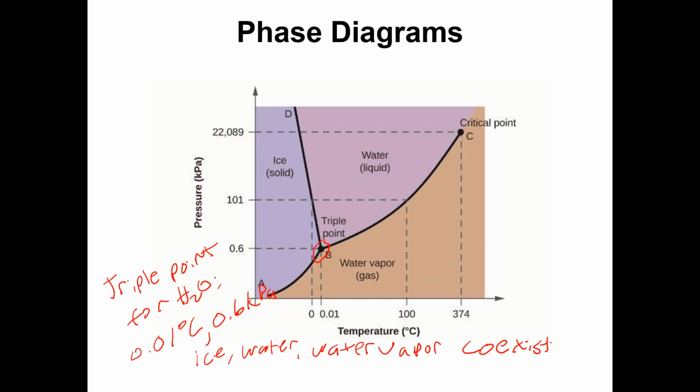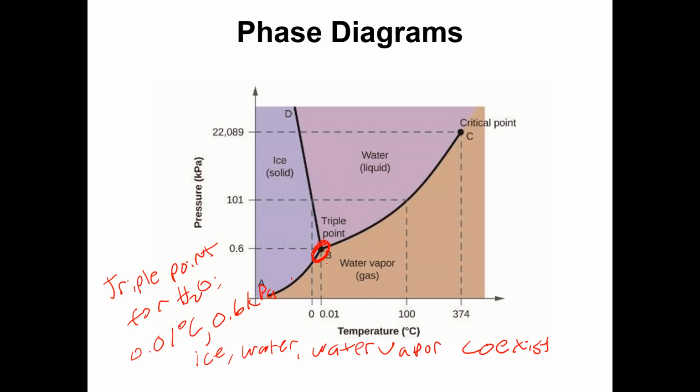And if we make just very small incremental changes to the pressure or the temperature, we could change all the water that we have at this point into a solid or into a liquid or into a gas, just by making those very tiny changes, because that triple point only exists at this very specific point.